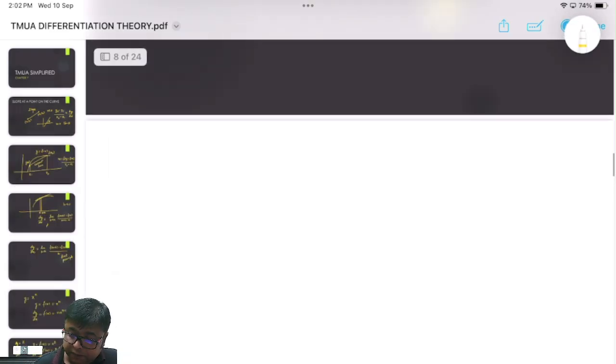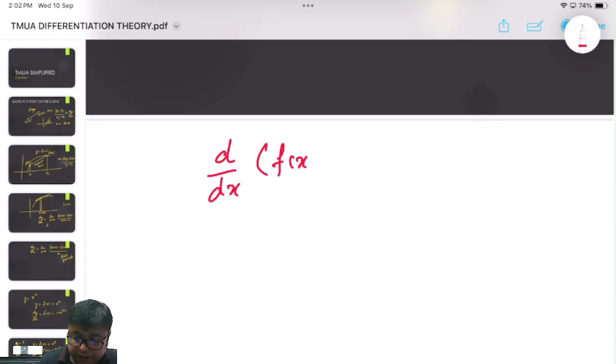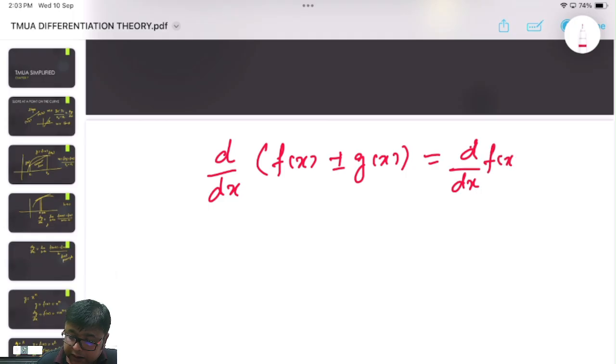Suppose we have algebra of functions. So if I ask what is dy dx of f(x) plus minus g(x), it will be dy dx of f(x) plus minus dy dx of g(x). So you can separately differentiate if there are two functions separated by an addition or subtraction operator.